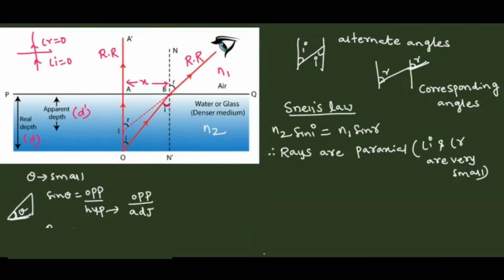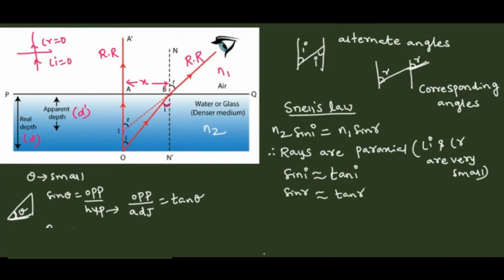Then opposite by adjacent is equal to tan theta. So, my dear children, if angles are very, very small, in place of sine I, we can write tan I. Clear? In place of sine R, we can write tan R.